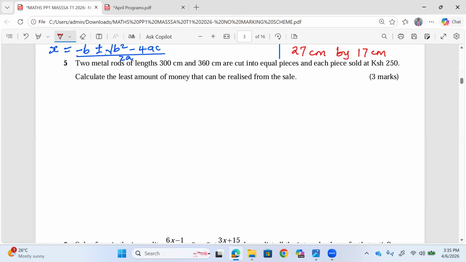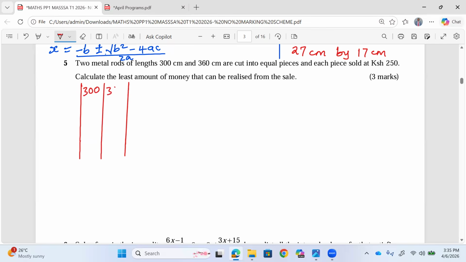Which length can divide both of them equally? That is what we shall find first. So in number 5, we work out the GCD of 300 and 360. After getting the GCD, I shall tell you the next step. So we start with 300.